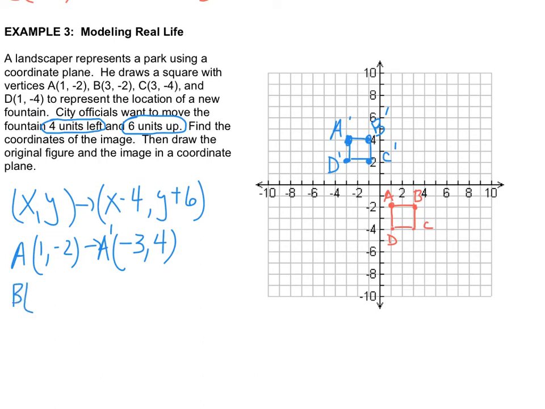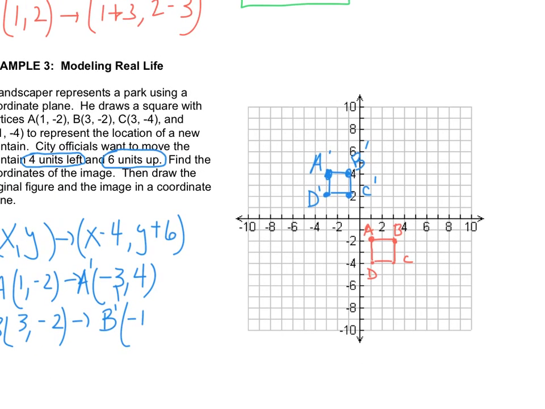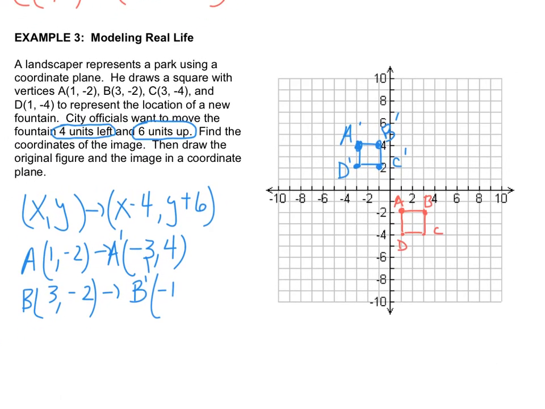So B was sitting at 3, negative 2. B prime, when I subtract 4, is now at negative 1. And then when I take the negative 2 and add 6, I also get positive 4.